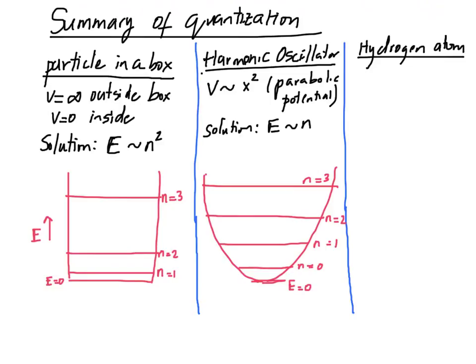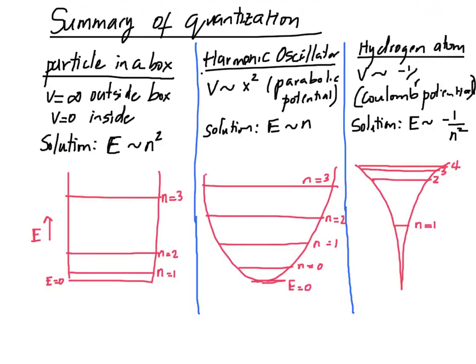But anyway, in the case of the hydrogen atom problem, we stick in a Coulomb potential that is proportional to minus 1 over r, because it's attractive between the electron and the nucleus. And when we do that, we get a solution for the energy which is proportional to minus 1 over n squared. So that's the situation for the hydrogen atom.